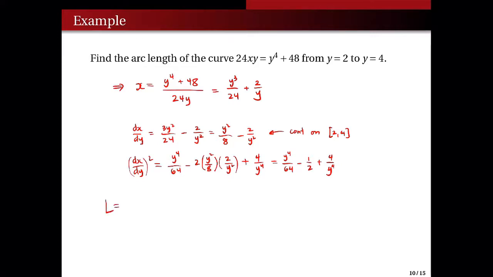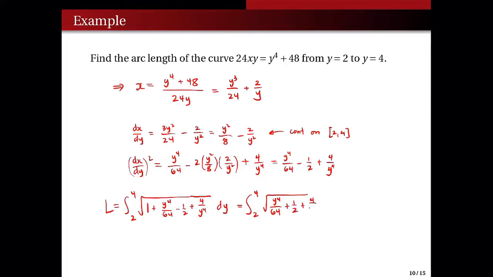Therefore, L equals the integral from 2 to 4 of the square root of 1 plus y to the 4 over 64 minus 1 half plus 4 over y to the 4. And then you got here dy. And this will be the integral from 2 to 4 of the square root of y to the 4 over 64 plus 1 half plus 4 over y to the 4.